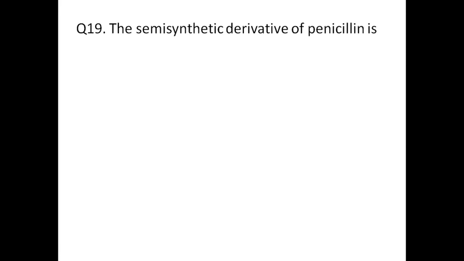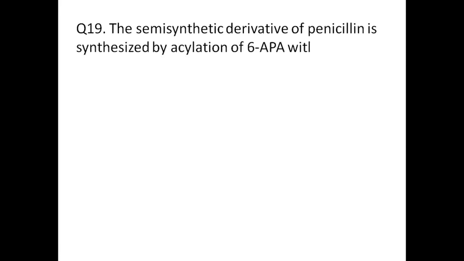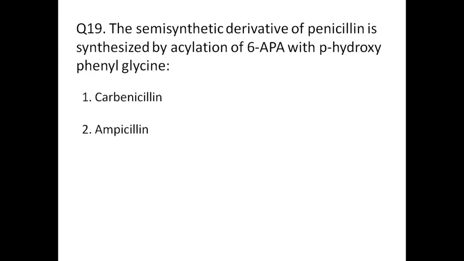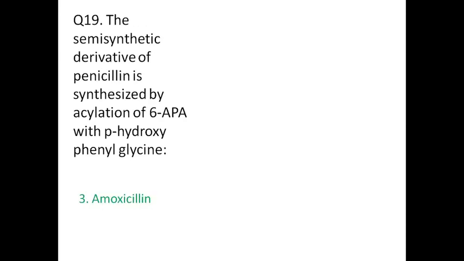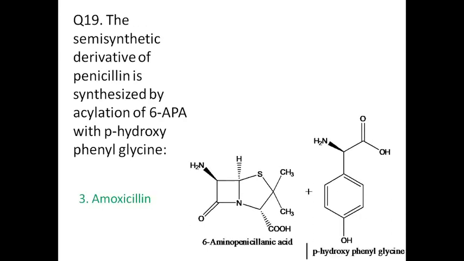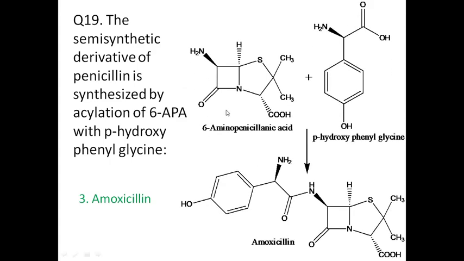Next, the semi-synthetic derivative of penicillin synthesized by acylation of 6-APA, or 6-aminopenicillanic acid, with 4-hydroxyphenylglycine. It is carbenicillin, ampicillin, amoxicillin, or bacampicillin. The right answer is amoxicillin. You see here, this is 6-aminopenicillanic acid, and this is para-hydroxyphenylglycine.